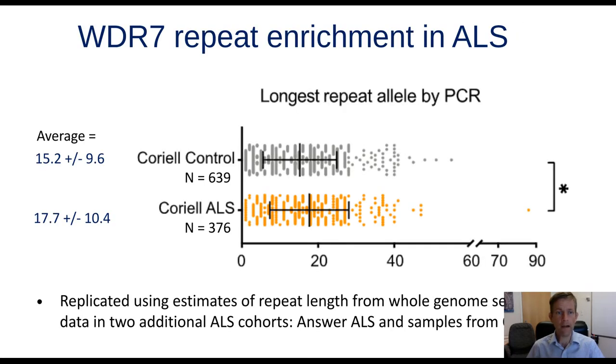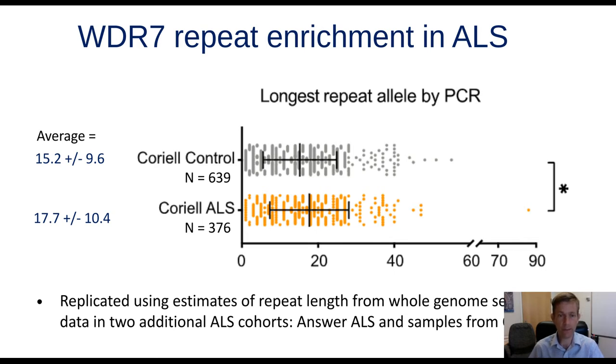So combining all of these samples and just measuring the largest or the longest repeat in each, we could see that there was a shift to longer average repeat in ALS samples, 17.7 copies versus 15.2 copies in controls. And we were then able to confirm this information using 2 additional populations.